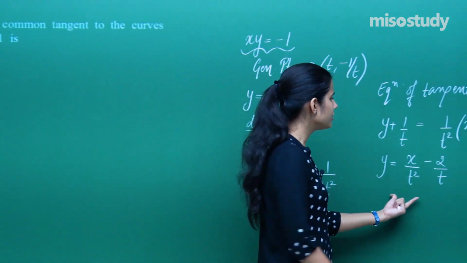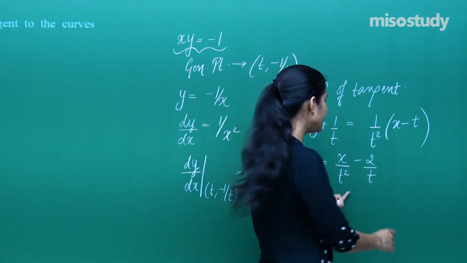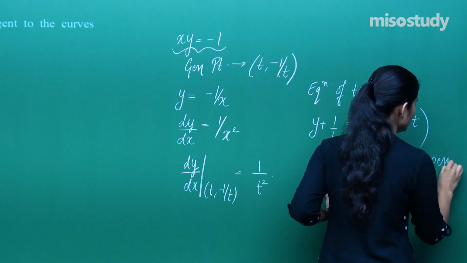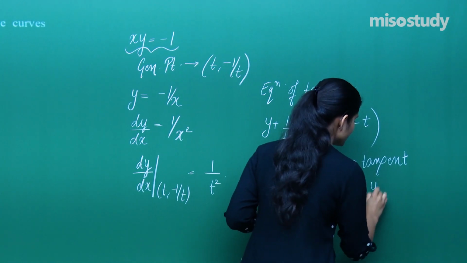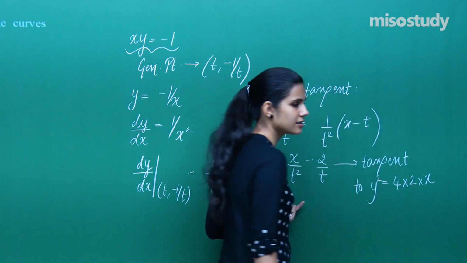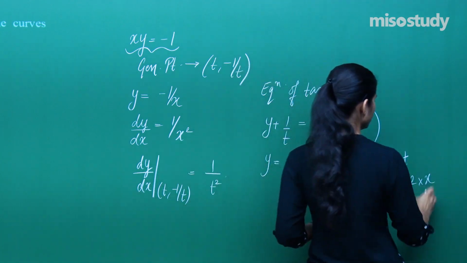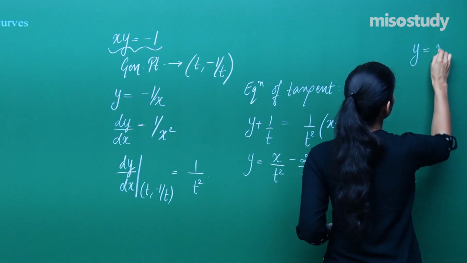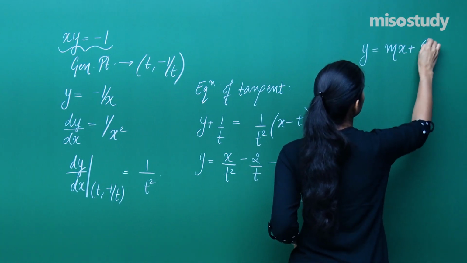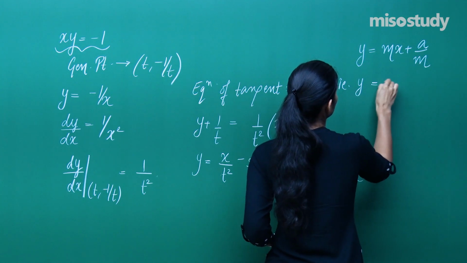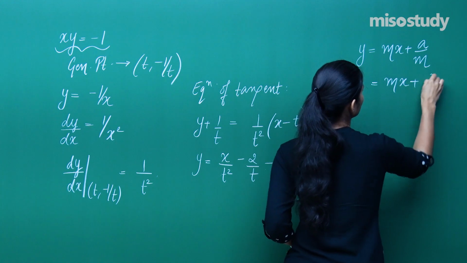If this particular line has to be a tangent to the parabola y square equals 4ax, then it has to be of the form y equals mx plus a by m. That is y equals mx plus 2 by m.